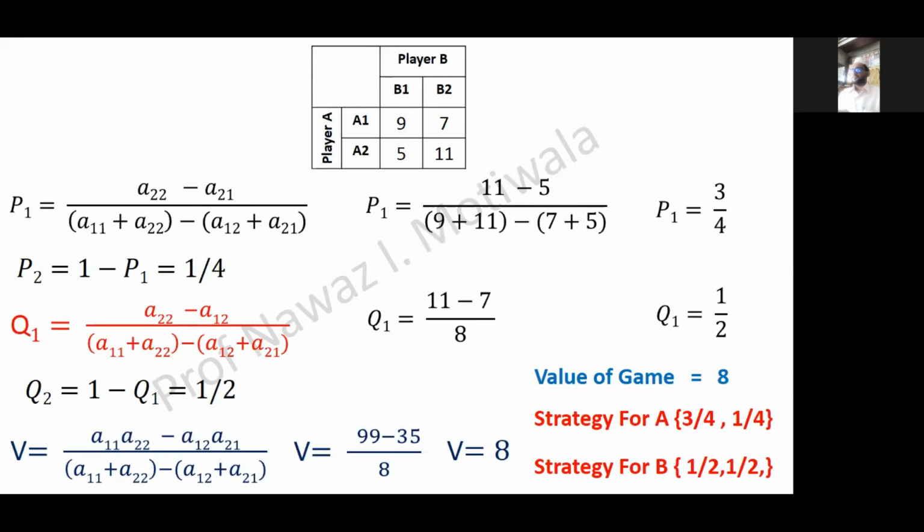This completes the solution. Just in the last part you have to take care while writing the answers. Value of the game as 8. Strategy, whatever value we get in P1 will appear first. Whatever value we get in P2 will appear second. Similarly for strategy B. So this completes the solution.